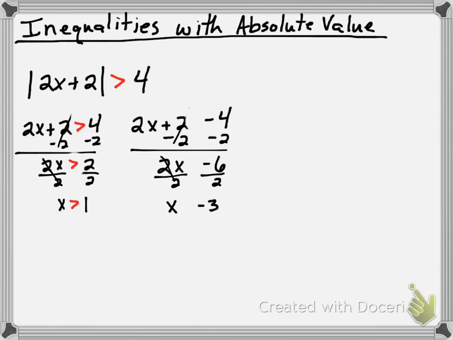Now let's also think about the other side. Because if the absolute value of 4 is 4, and the absolute value of negative 4 is 4, well, something greater than 4 would give me a number greater than 4. Would a number greater than negative 4 give me greater than 4?